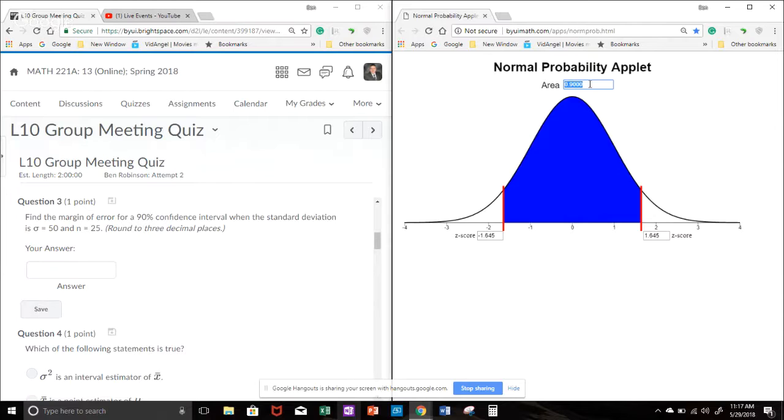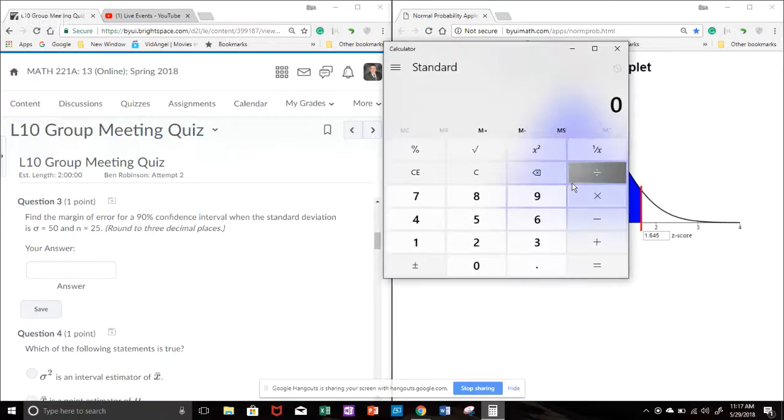And the formula for finding our margin of error, right, is the z-score times the sample standard deviation. So our standard deviation for the sample size of 25 should be 50 divided by the square root of 25, which is 5, right?